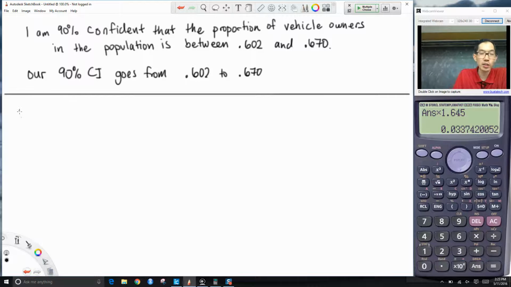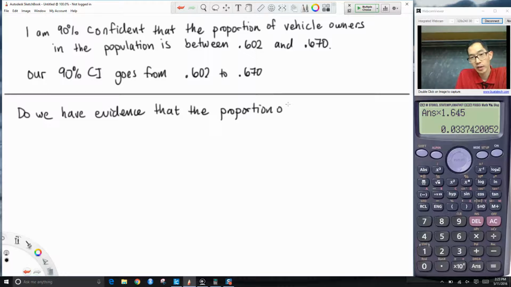Okay, so I'm going to ask a question. Do we have evidence that the proportion of vehicle owners in the population is not 0.670?